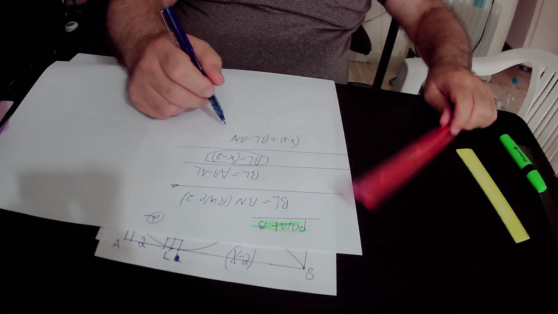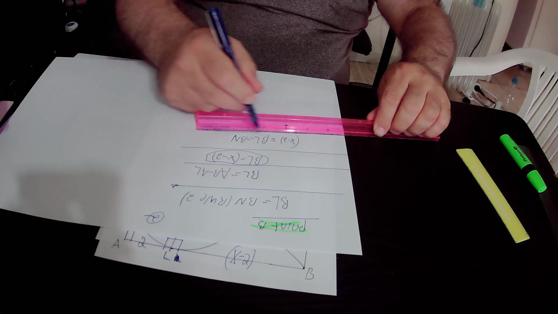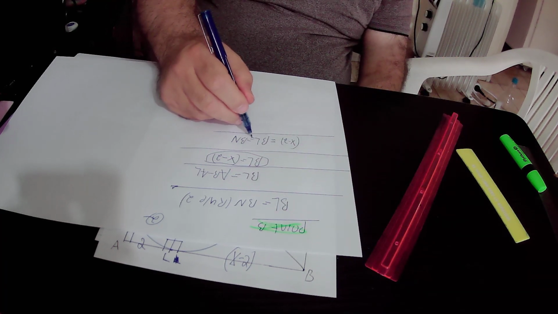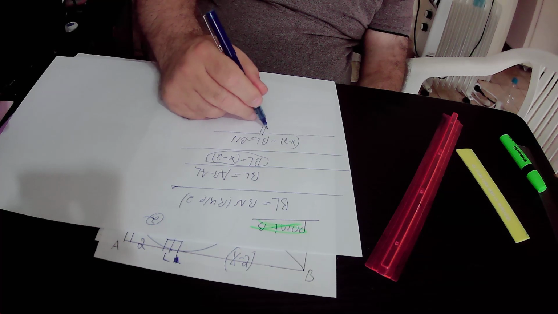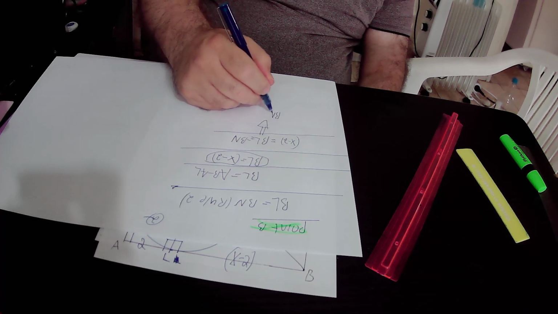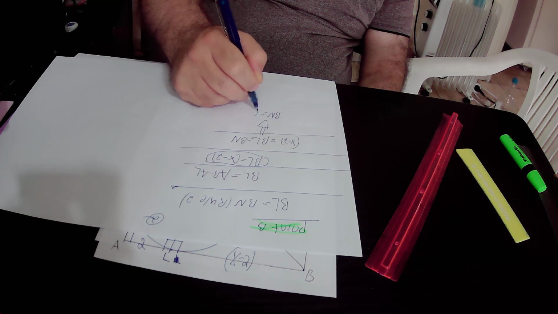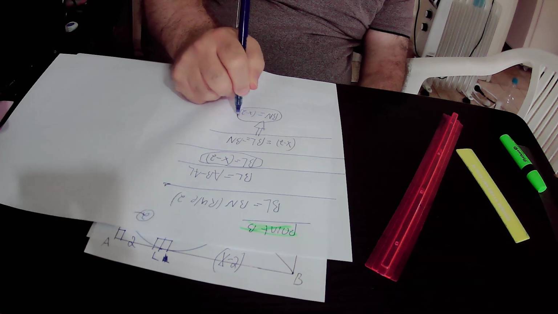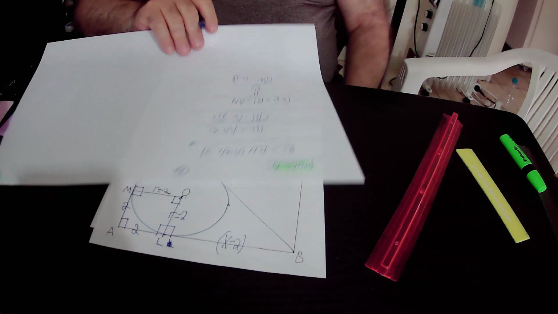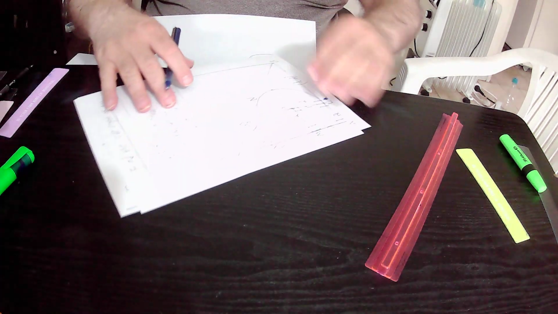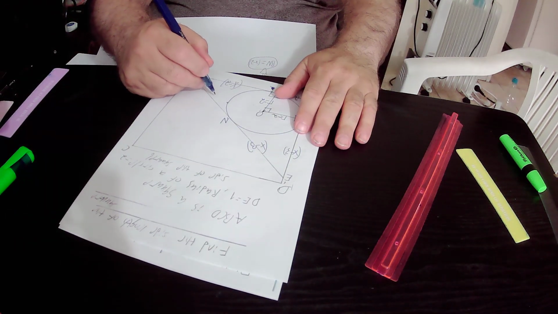And from this equation, x minus 2 equals BL equals BN, we will derive that BN is also equal to x minus 2. So we can write here that BN equals x minus 2.